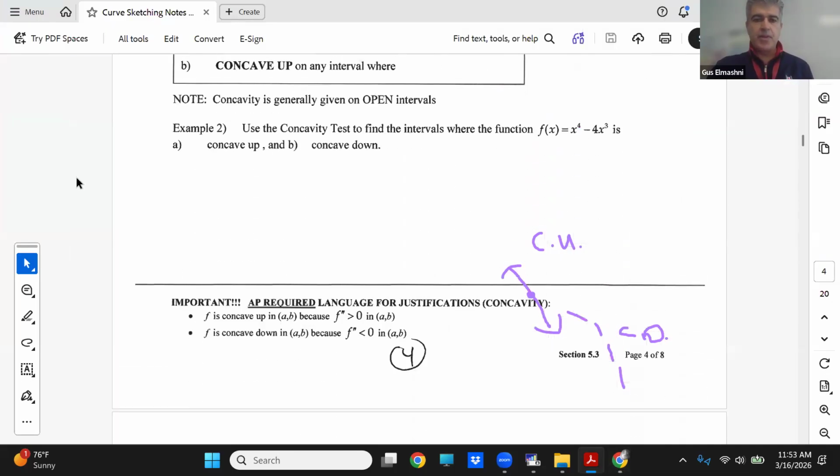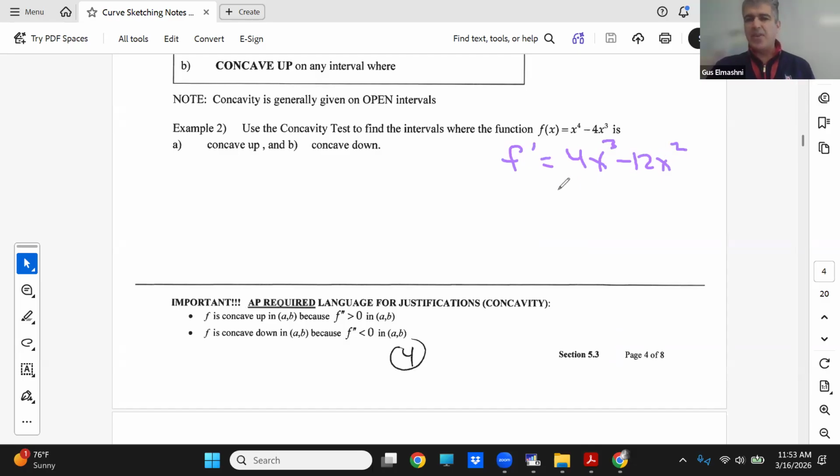So here's how you do it analytically. Let's take our derivative twice. So what's my first derivative going to be? Right, and we're not going to find the local extrema because that's not the intention of the problem. We could if we want. Now let's do the second derivative.